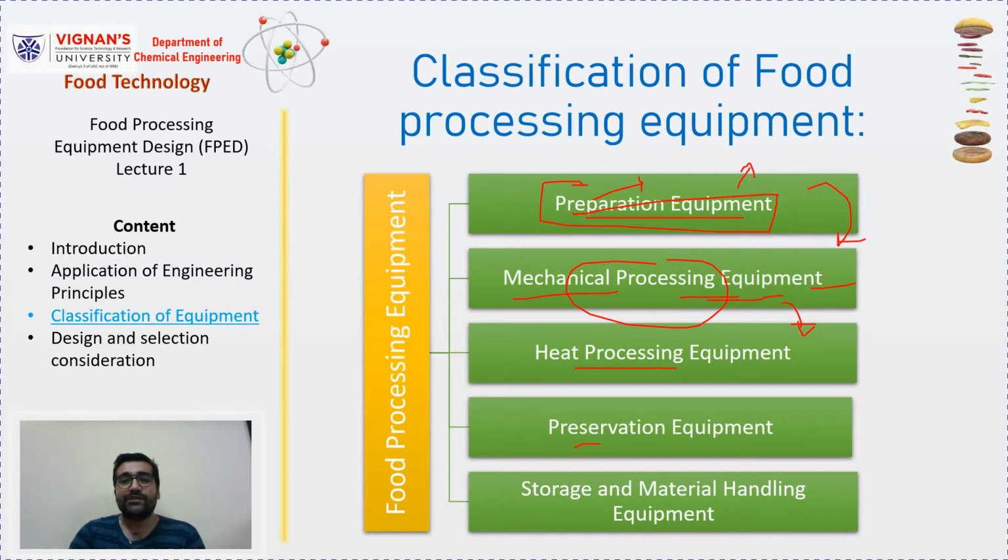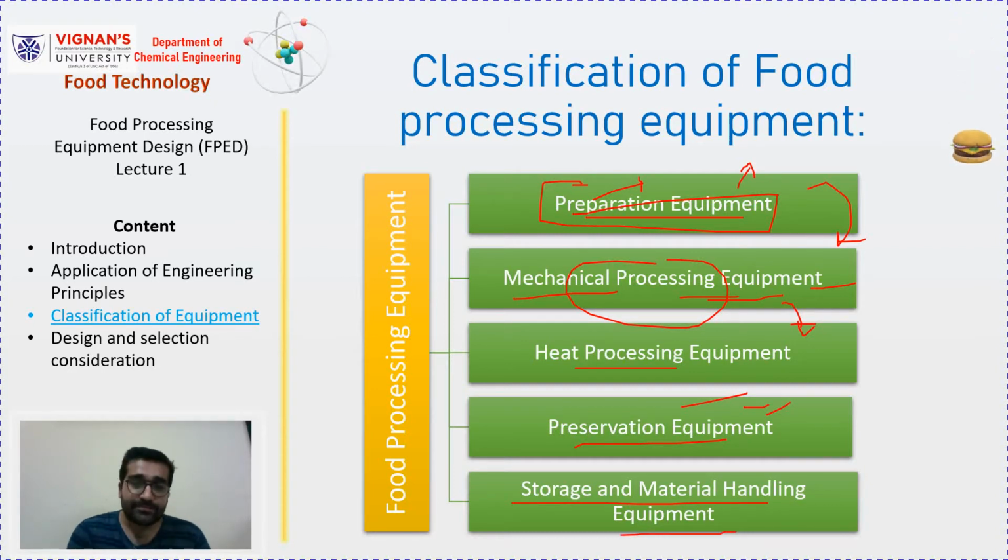Then comes the preservation equipments. Preservation equipments mostly deal with packaging equipments, freezers, and dryers, those equipments which help to preserve the material. Lastly, the storage and material handling equipments. Storage equipments are those needed to store the product, like silos and bins.